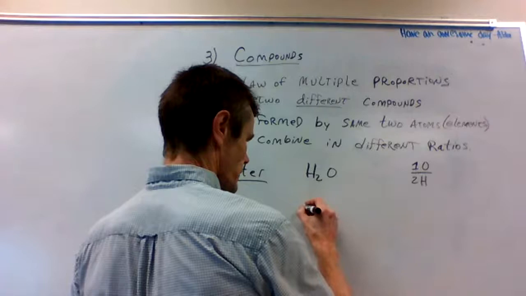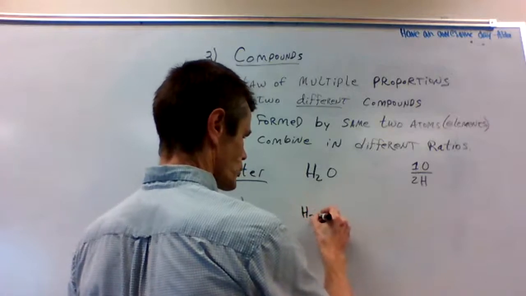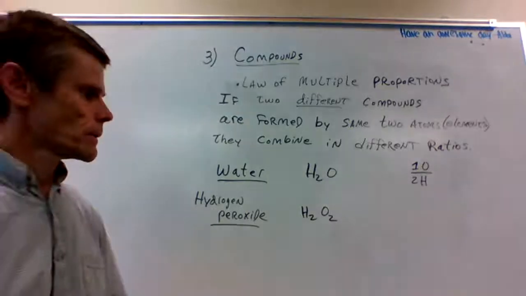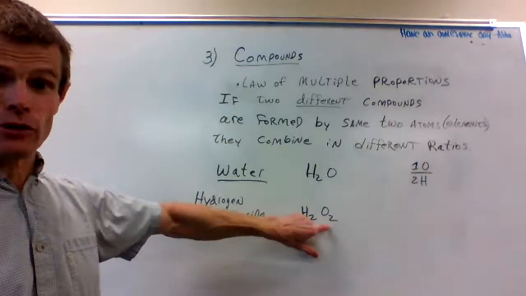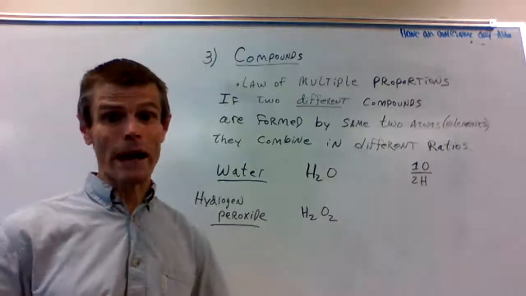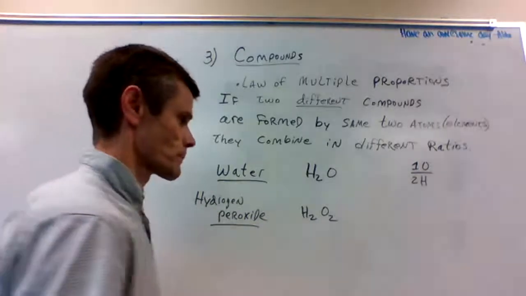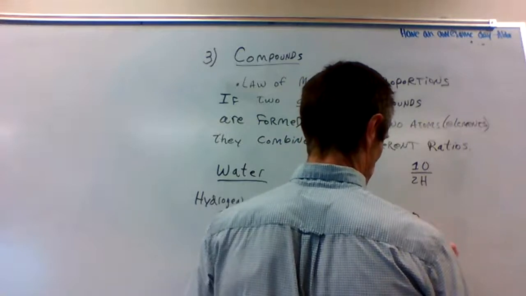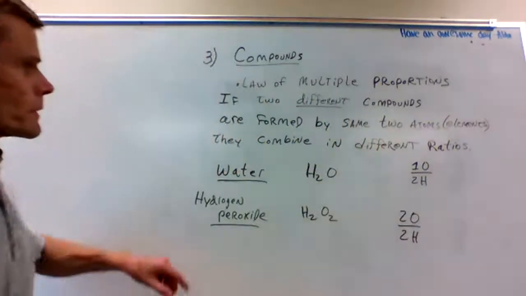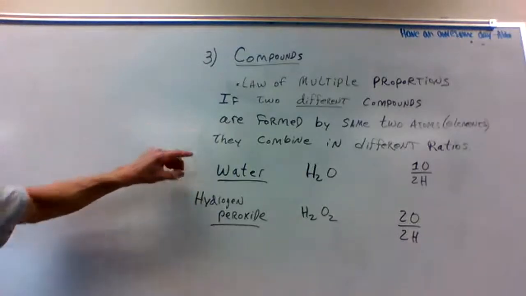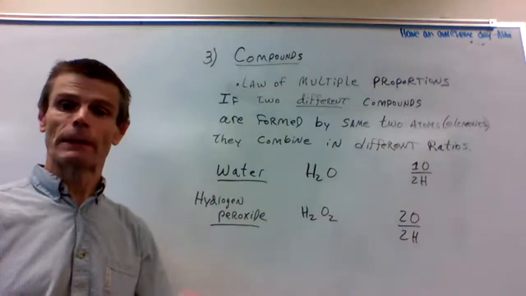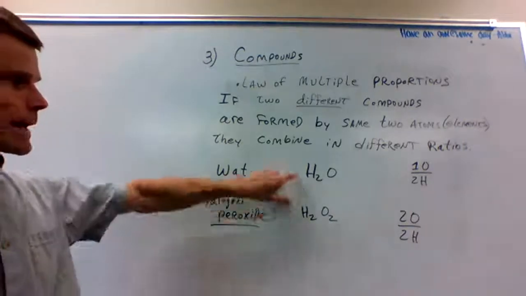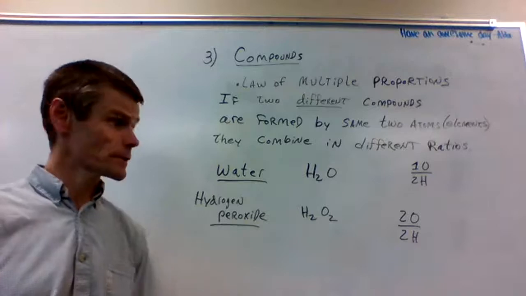Hydrogen peroxide has the formula H2O2. In other words, for every two atoms of oxygen, there are going to be two atoms of hydrogen bound to them. So what we see is that in both cases, they're formed by the same two elements, but they're different compounds. What differs about them is the combining ratio of the different elements.